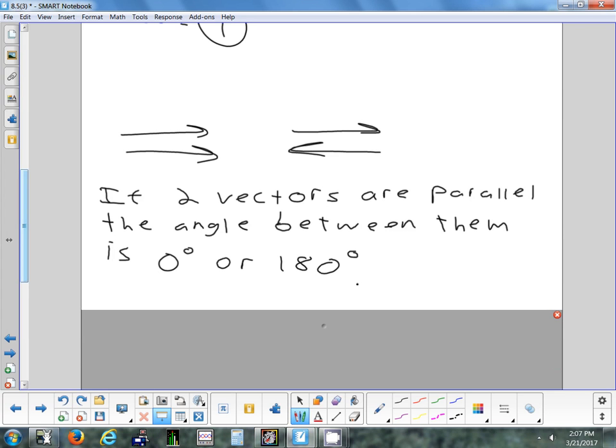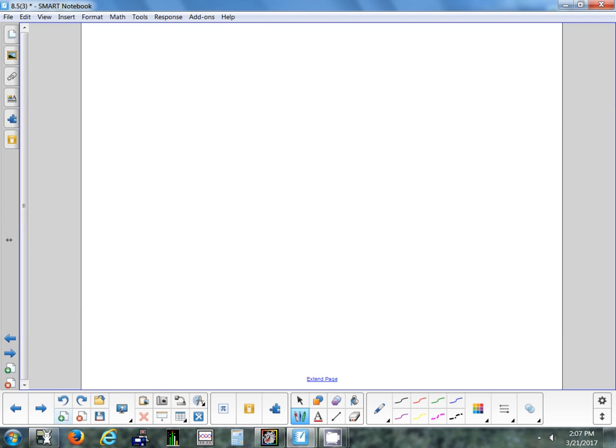Now let's do the same thing we did before. Let's work backwards from the formula and see if we can get a shortcut, like we did for orthogonal. Let's start with 0. If these vectors were parallel, you could have cosine 0 equals something on the other side.